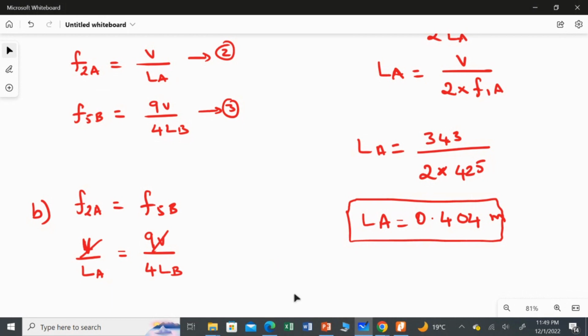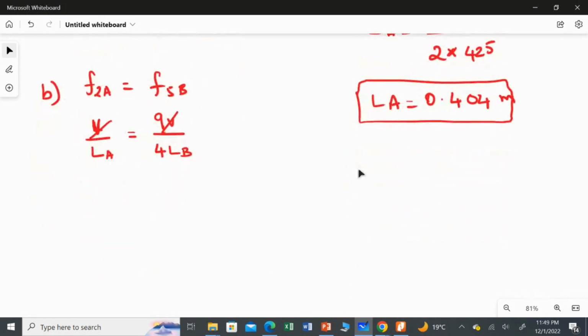So by that I can rearrange this equation. Therefore, I'm going to take this to the left hand side of the numerator. By that this equation becomes 4 LB equal to 9 multiplied by LA, right? Therefore we are going to find the answer for LB, which is equal to 9 LA over 4.